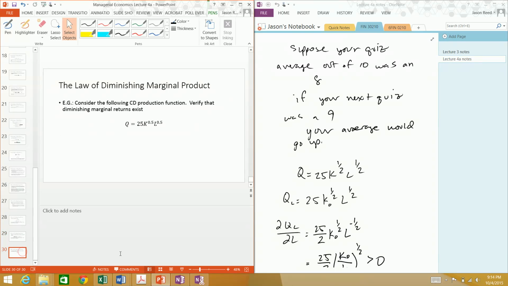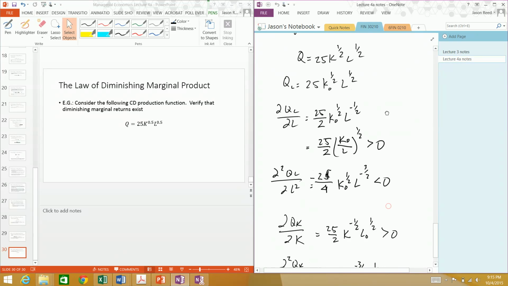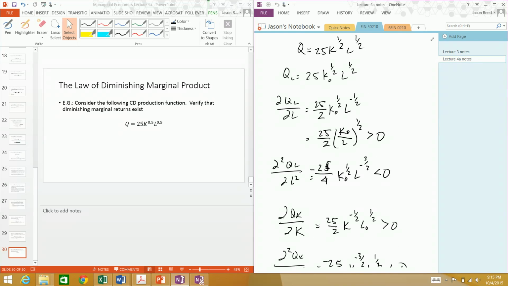So how do we do this given a specific function? We essentially have Q is equal to 25K to the 1/2, L to the 1/2. So what we could do to verify that diminishing marginal product exists in both capital and labor is let's first set capital to be constant, so that we're looking at the diminishing marginal product due to labor.